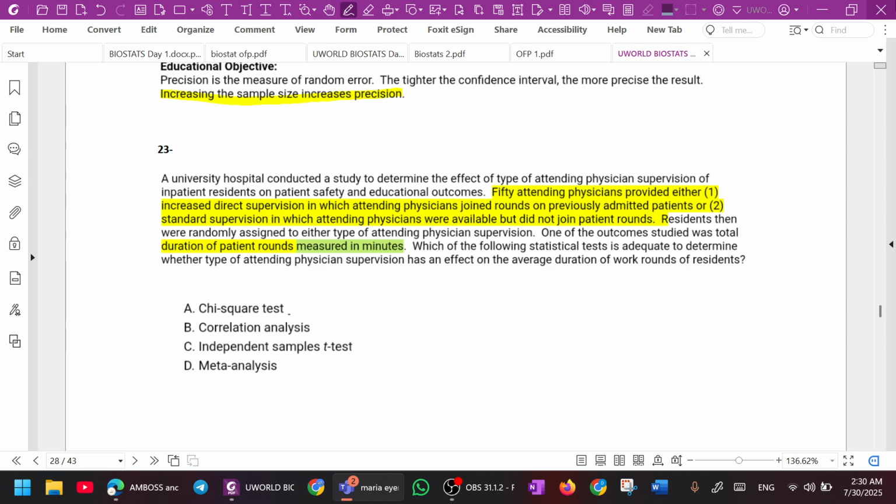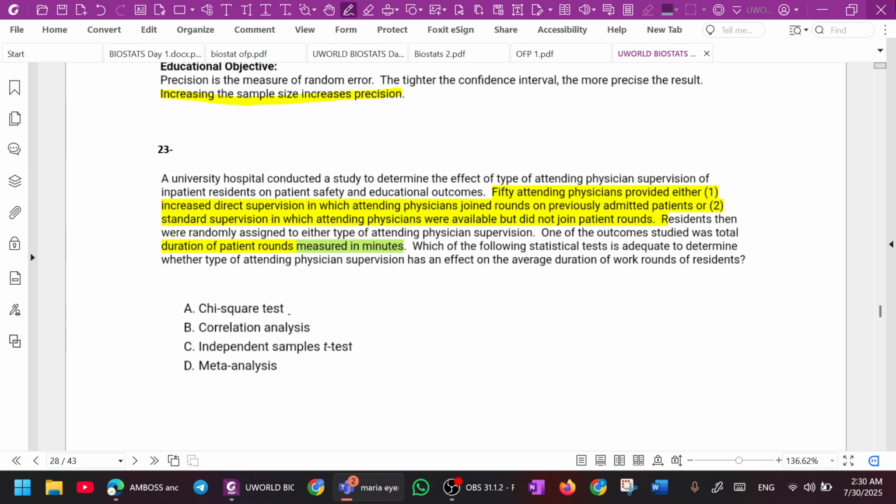Rounds measure, total duration of patient rounds measured in minutes. Okay, so rounds duration, measured in minutes. That's the key. Okay, so now you have your two groups.